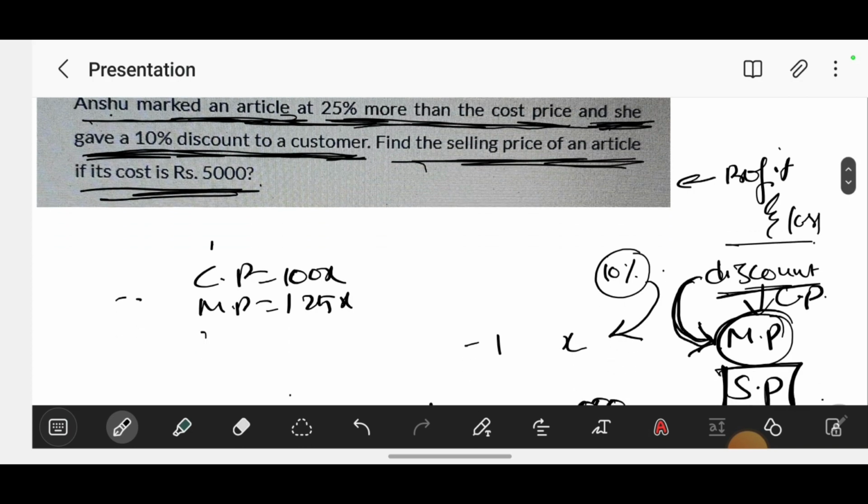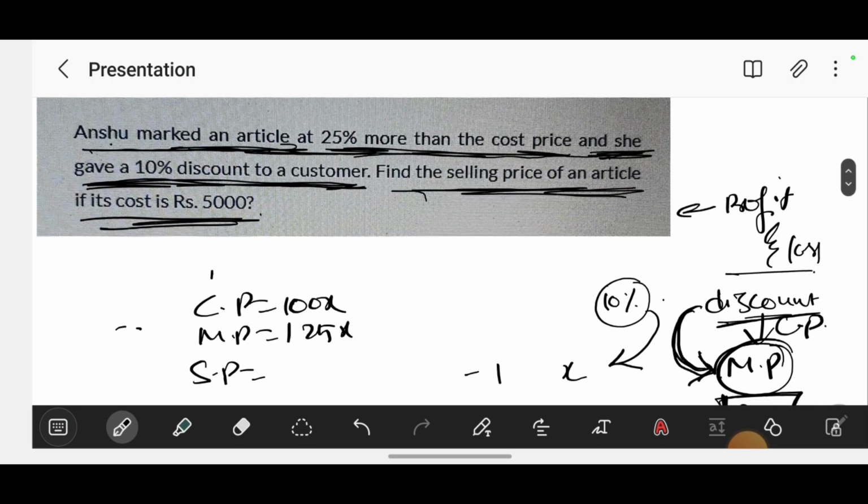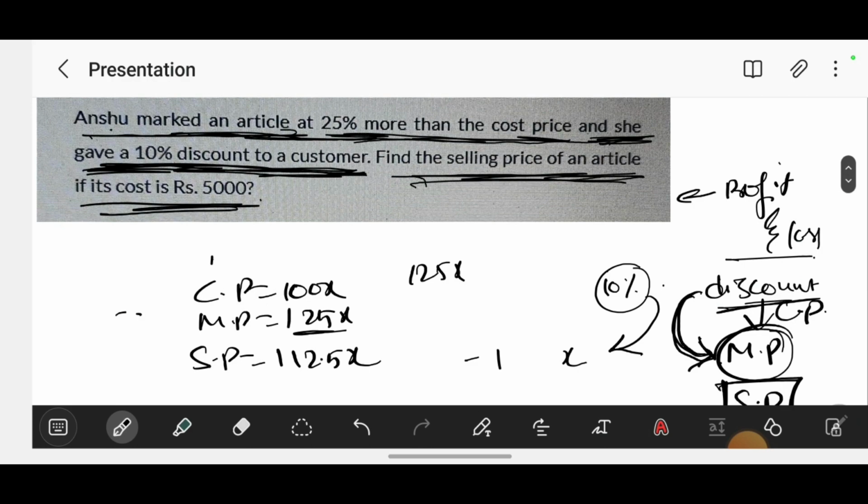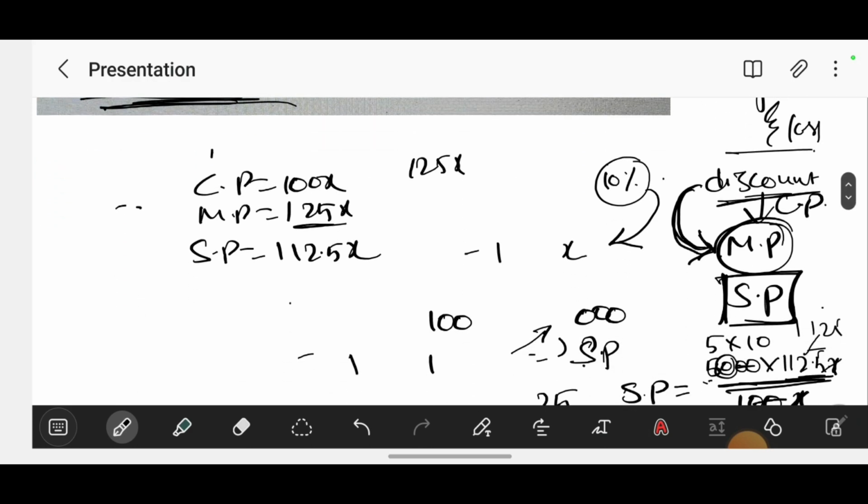And next, for the selling price, she gave a 10% discount to a customer. That means from 125x, 10% is removed, so the remaining is 112.5x. He is saying find the selling price of the article if it costs 5,000 rupees. That means if cost price 100x becomes 5,000, then what does the selling price 112.5x become?